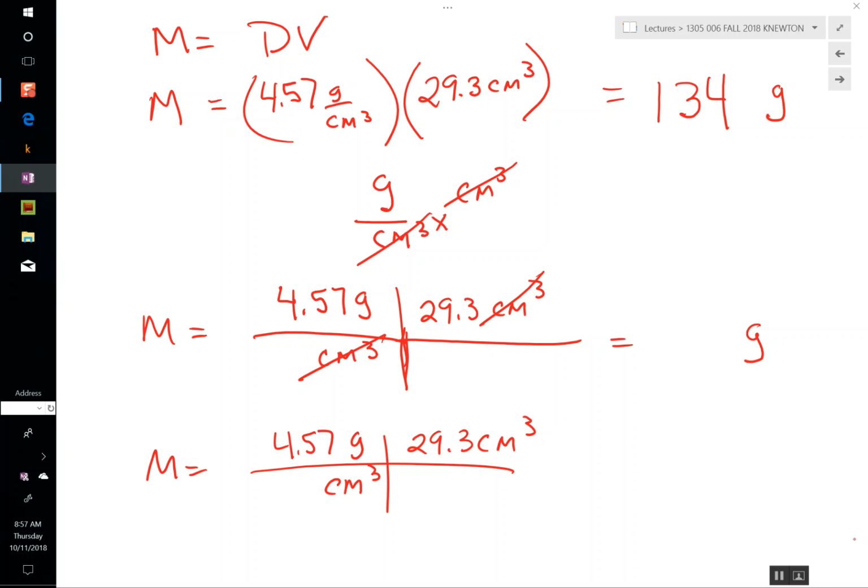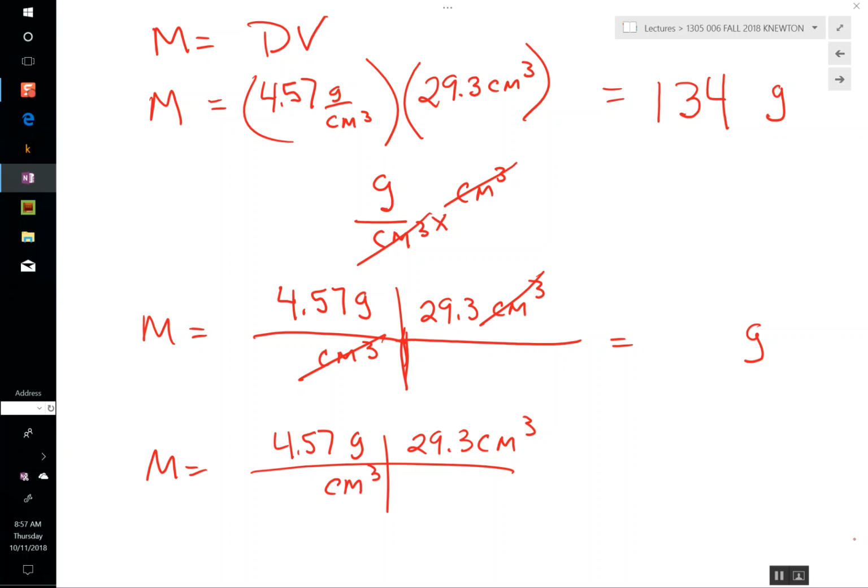Now what is that? 10 centimeters times 10 centimeters. So volume, the equation for volume is length times width times height, right? That's the equation for volume. So let's take that.